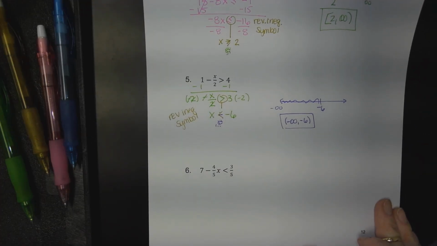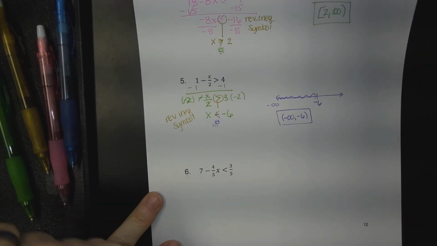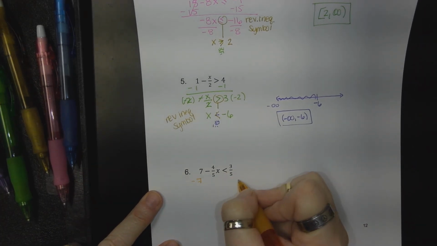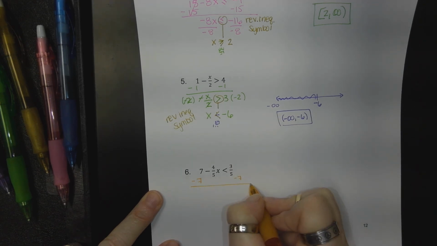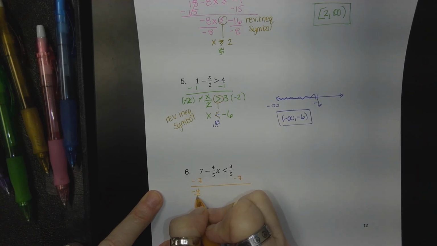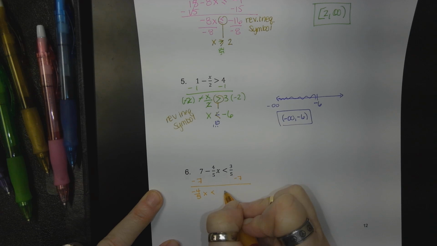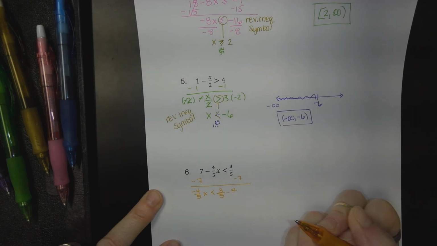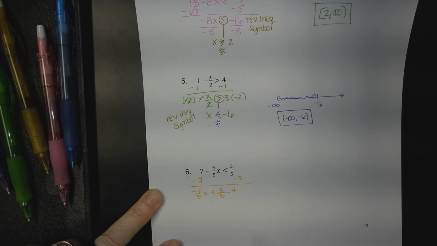Number 6 is a lot like number 5 in that we're going to subtract the 7 to start with. So let's subtract 7 from both sides. But to be able to combine this, we have to have a common denominator.